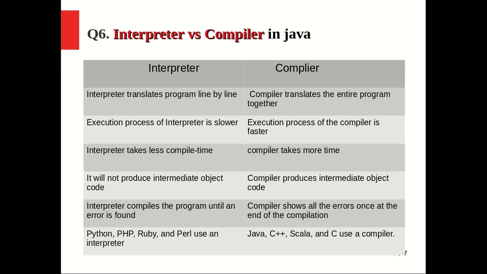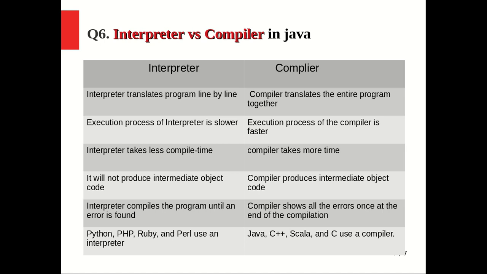Second point, the execution process of an interpreter is slower, and the execution process of a compiler is faster. Third point, an interpreter takes less compile time and a compiler takes more time. Fourth point, an interpreter does not produce intermediate object code, while a compiler produces intermediate object code.